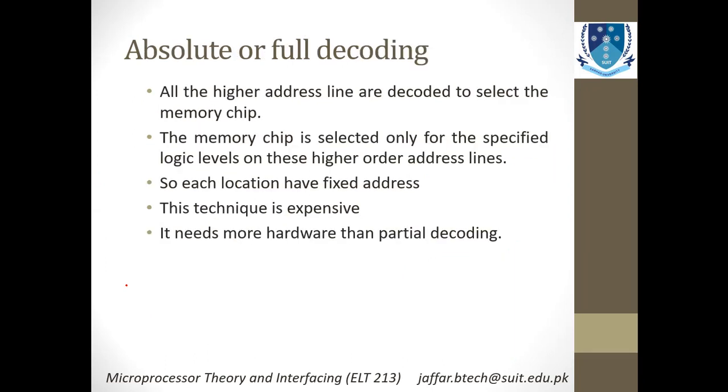So let's talk about what absolute or full decoding is. You know that all the higher address lines are decoded basically to select the memory chip. If you want to select a chip, you have to provide all the higher address lines. The higher address lines need to be decoded first, and the memory chip is then selected only for the specified logic levels on these higher order address lines.